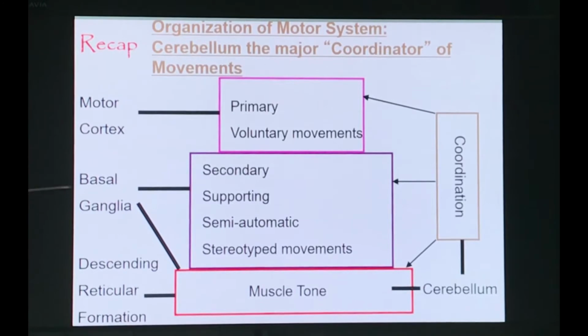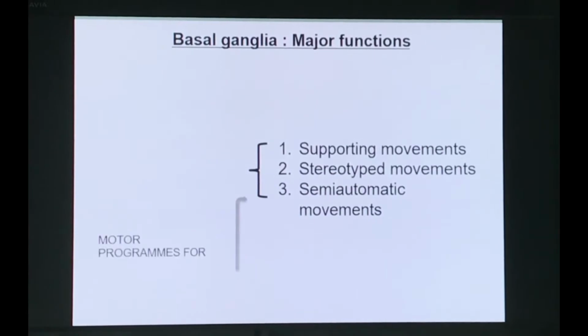The basal ganglia mainly help in initiating the movements, and they also support the movements. Their primary role is motor control, and together with that they have other roles such as developing motor learning skills, and cognitive functions, especially the caudate nucleus is associated with that.